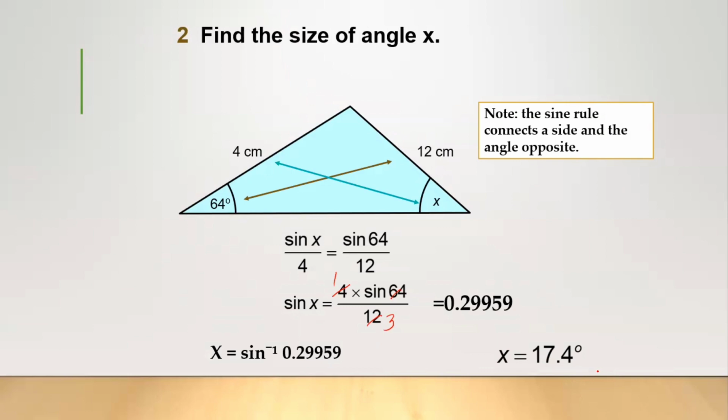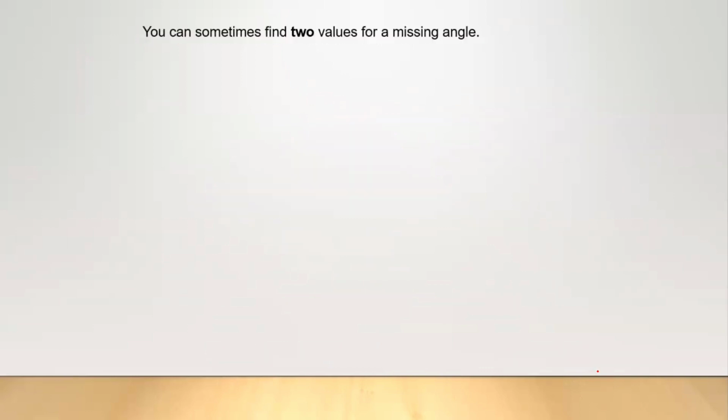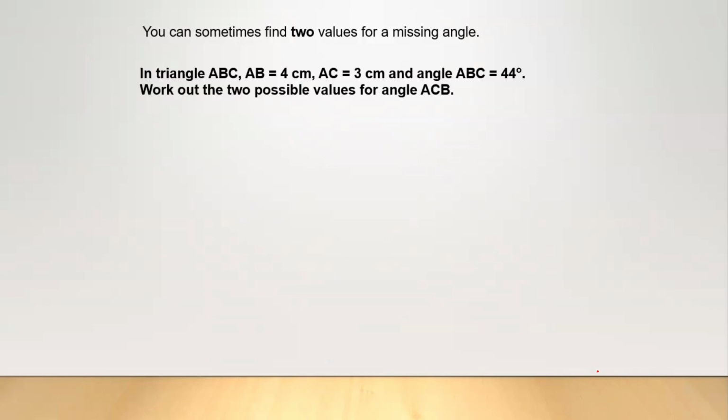Okay, so we have learned how to find the side and how to find an angle with the help of the sine rule. Now let us understand more ambiguous things about the sine rule, like how there are more possibilities. Sometimes you get two values for a missing angle. How does that happen? Look into this example. In triangle ABC, AB is 4 and AC is 3, and angle ABC is 44 degrees.